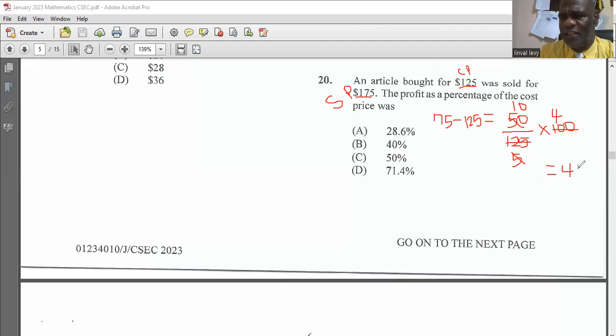That's 40%. Okay. Note, so the profit as a percentage of the cost price: we'll put the profit over the cost price multiplied by 100. Right?